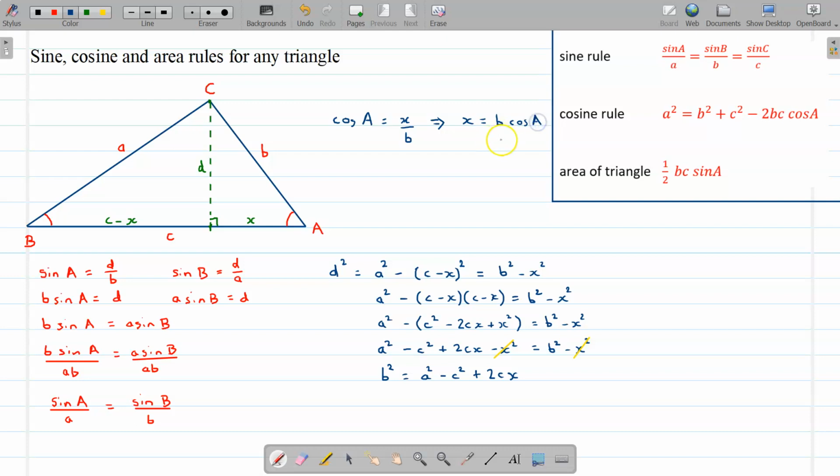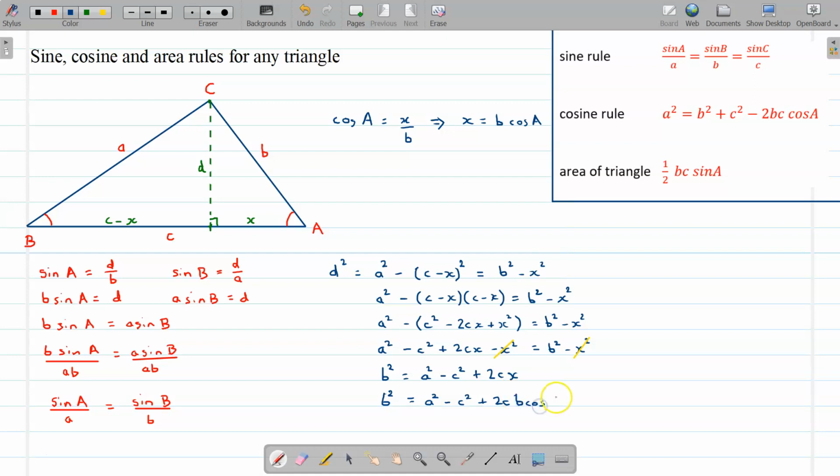Okay, so what I'm going to do is use that to replace the x here. So I've got b squared equals a squared minus c squared plus 2 times c times b cos A. All right.